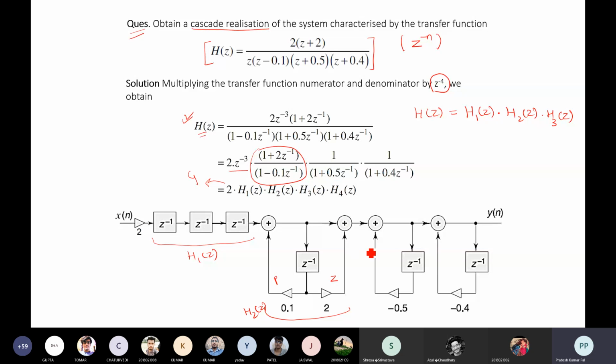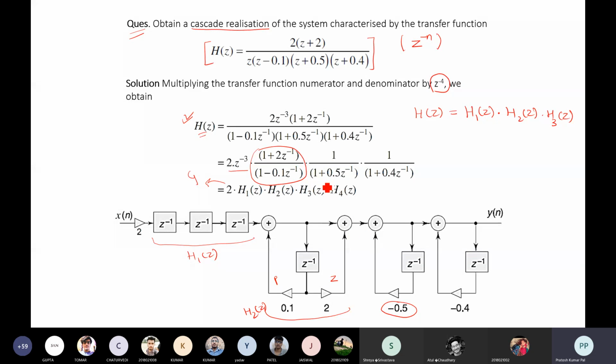In the direct form 2 structure, the poles are represented on the left part of the delay element. So one delay will be there, and here it will be a multiplier. The coefficient of the multiplier: here it is 1 plus. If it were minus, the same sign would be kept, but it is plus, so the opposite sign will be used.